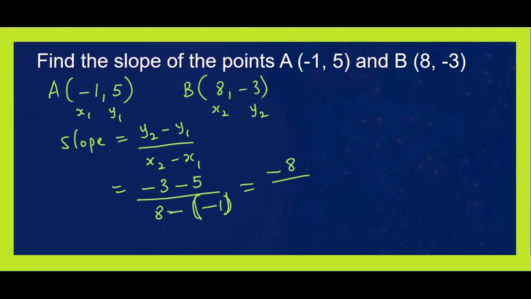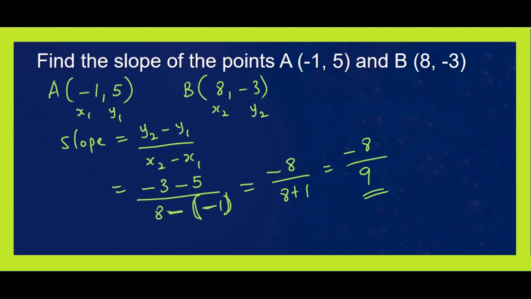So minus times minus is going to give us plus. So we have 8 plus 1, which gives us 9. So in this example 2, our slope, which is the final answer, is minus 8 over 9.